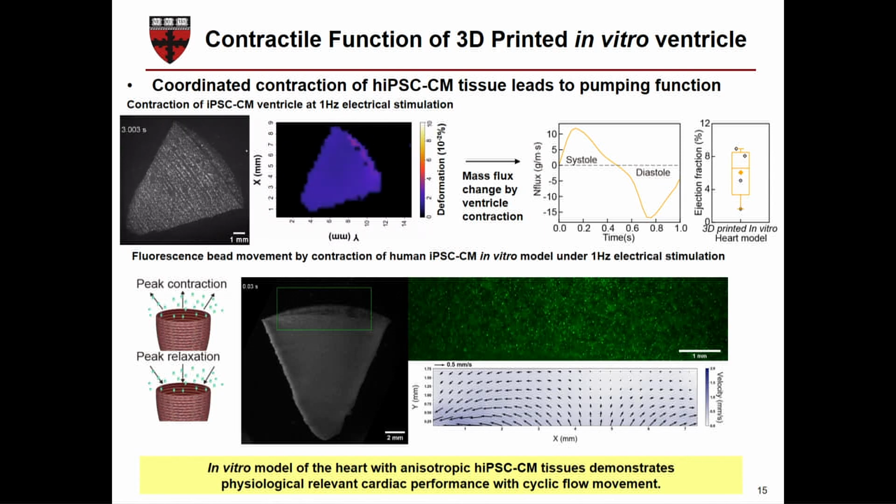This gives a 5% volume change. This is quite low compared to our heart, but considering this ventricle is much smaller than our real heart, we still can provide physiologically relevant cardiac function from this in vitro ventricle model.